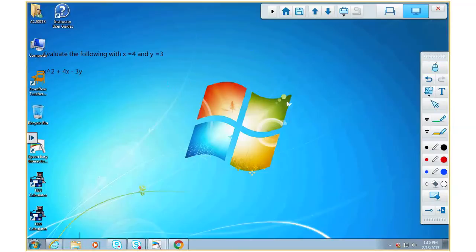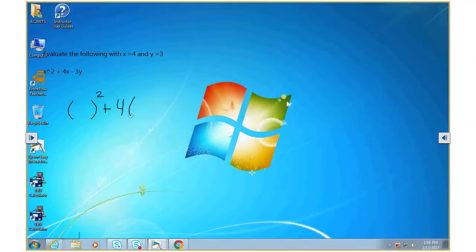So what do you do? The first thing you do is you write the formula with parentheses. And then plug in what? So x is 4, and y is what?